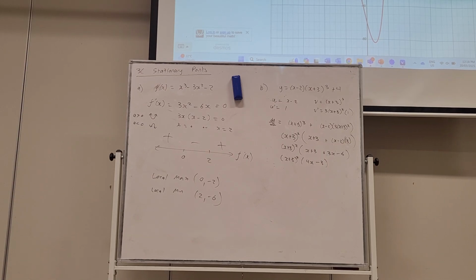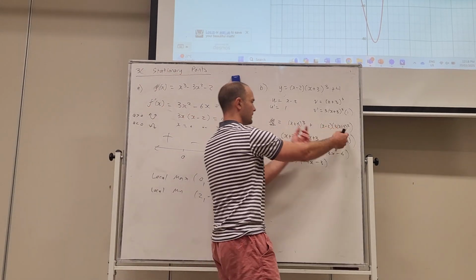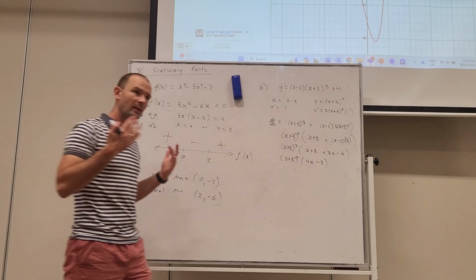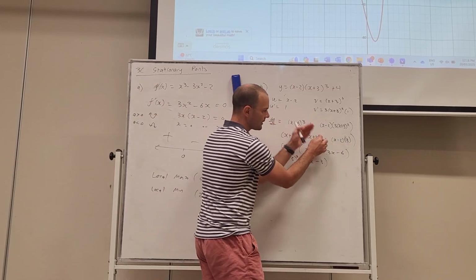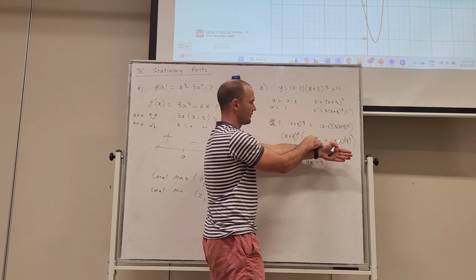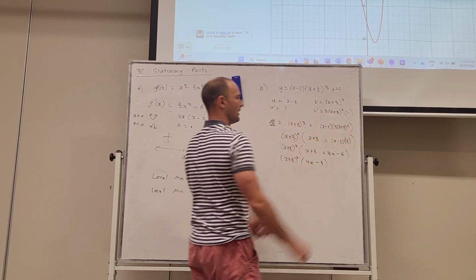Okay, I think the only tricky part there is seeing that (x + 3) is common and pulling it out the front. Again, the checkpoint is to go, if I now expand this, would I get what we started with? And the answer is yes. We've got (x + 3)^3, and there we have the (x + 3) squared term there.